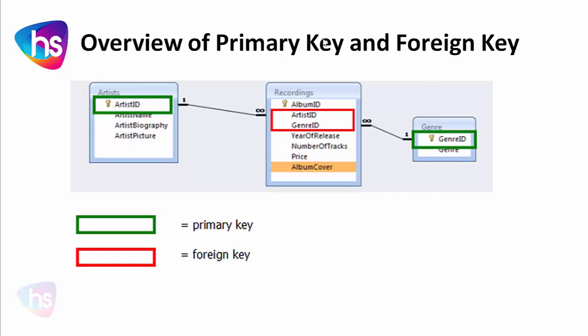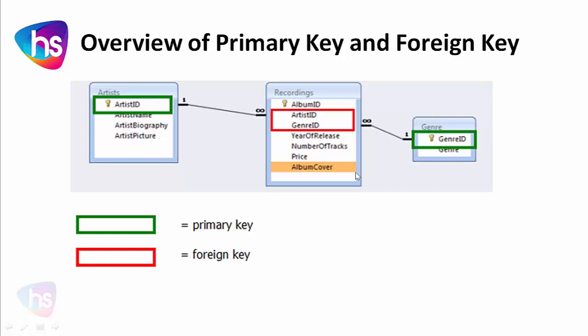Now the recordings table, available from the artist: here I am making an album table with album ID, artist ID, genre ID, year of release, number of tracks, price, album cover image, and anything else you can take in any number of columns.